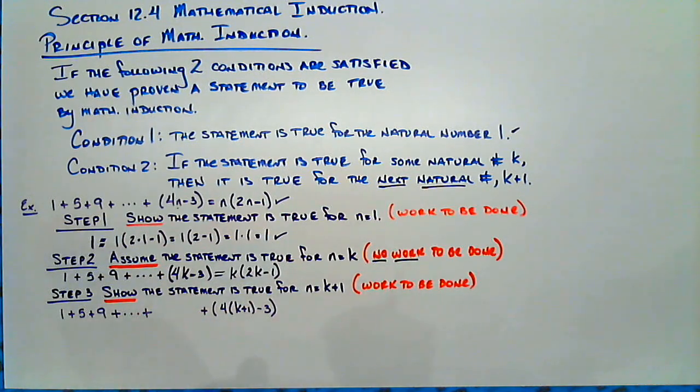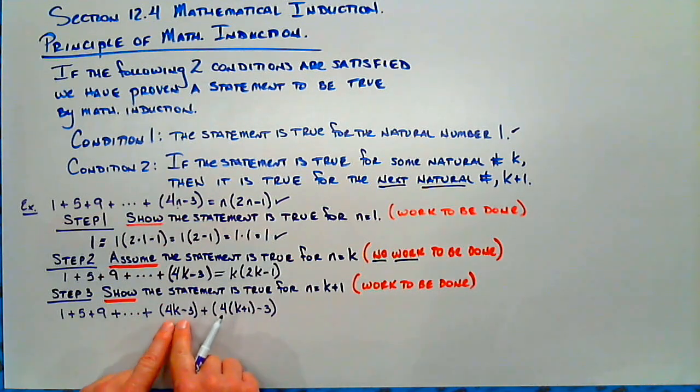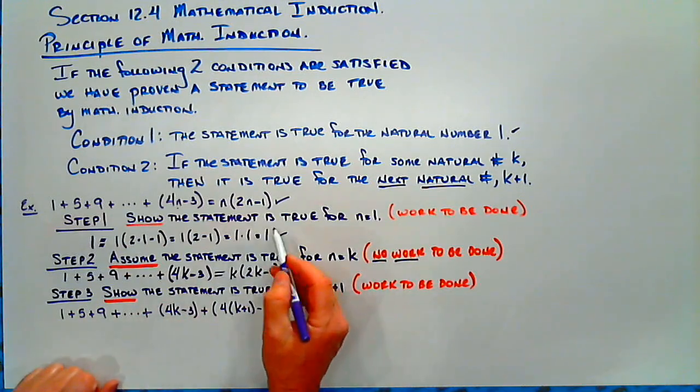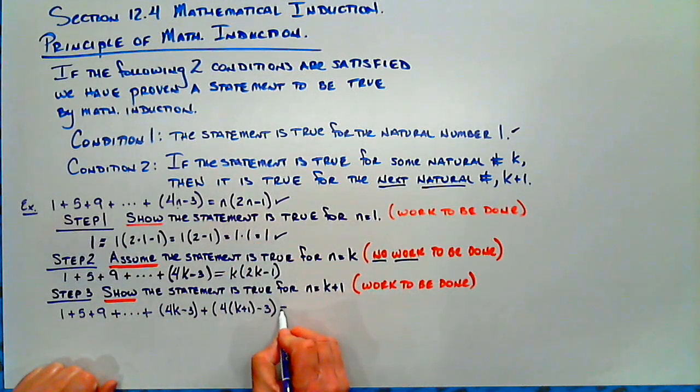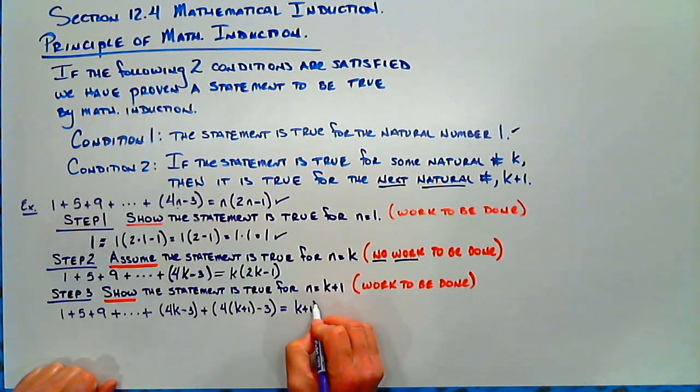The kth term. You're correct, the kth term. So we want to write that here. What does it look like when we plug in k? It looks like 4k. So who comes after k? k plus 1. So we want to remember to put this down. Now, what are we supposed to prove that's equal to? We're supposed to prove it's equal to this when we plug in k plus 1.